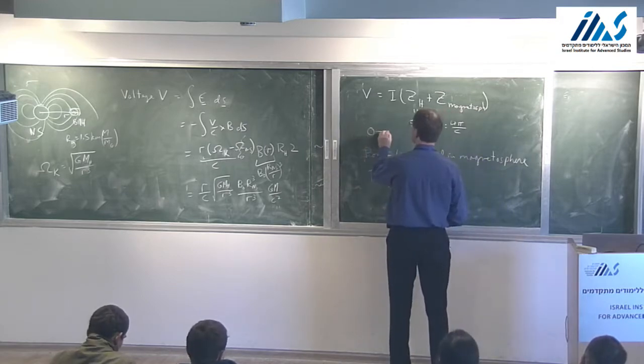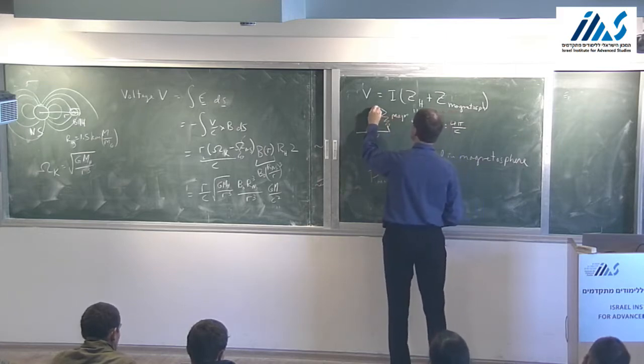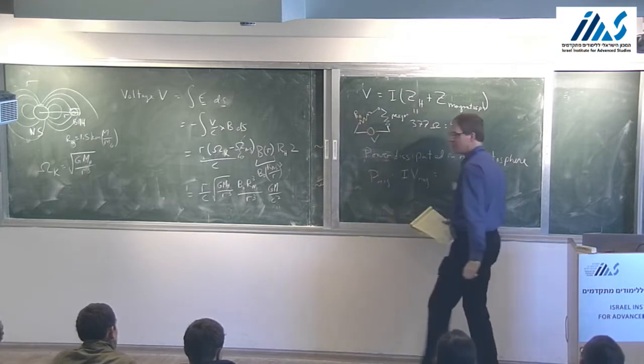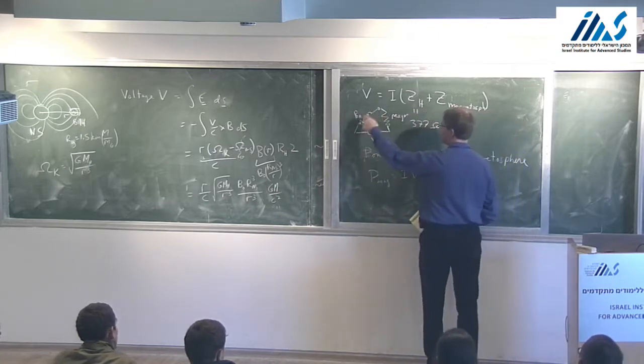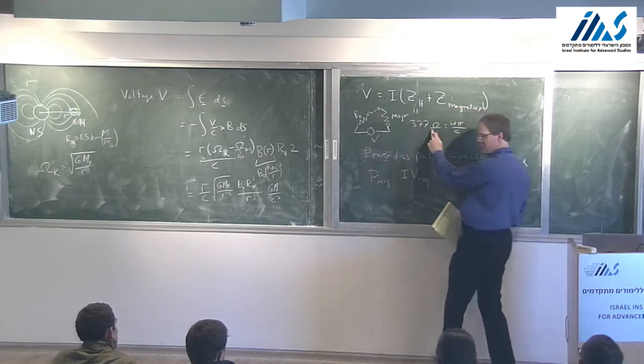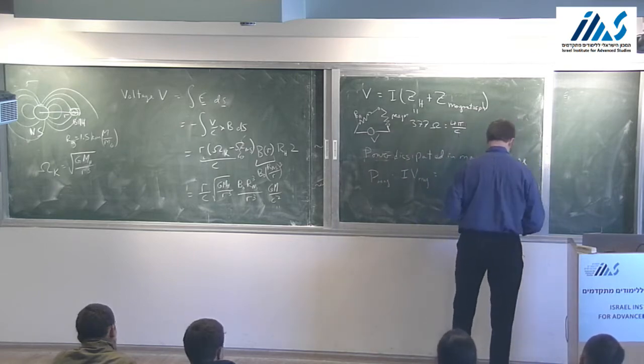So we have a little circuit, we have our voltage V, and then we have the magnetosphere, and we have the black hole. And the resistance of the black hole is 377 ohms. The magnetosphere is some Z, which optimistically we would get the same as that.